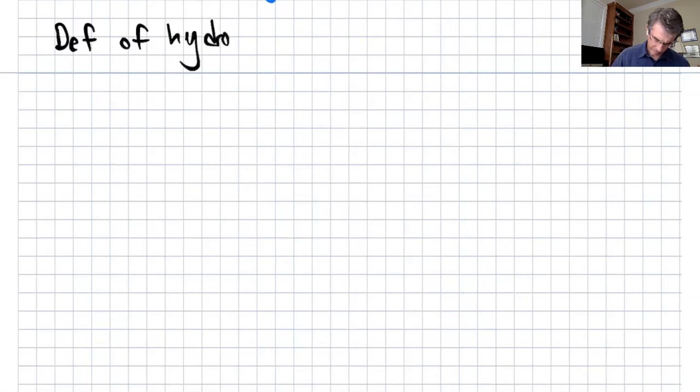So let's think again about the definition of the hydrophobic effect. What really is it, right? I talked about it the last time. What does the hydrophobic effect really mean? It's really as simple as possible.